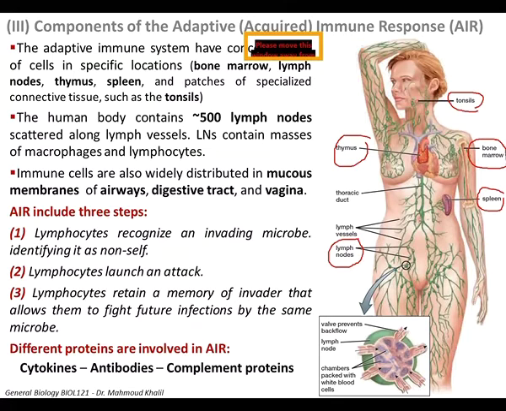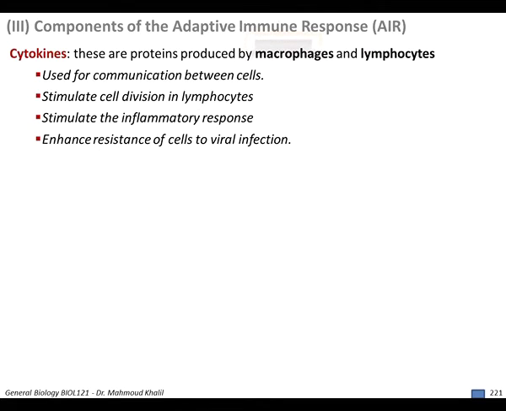It also needs three types of proteins: cytokines, antibodies, and complement proteins. They coordinate with the different types of cells in the adaptive immune response to mount the defense of the acquired immunity. So what are cytokines? Cytokines are proteins produced by macrophages and lymphocytes.